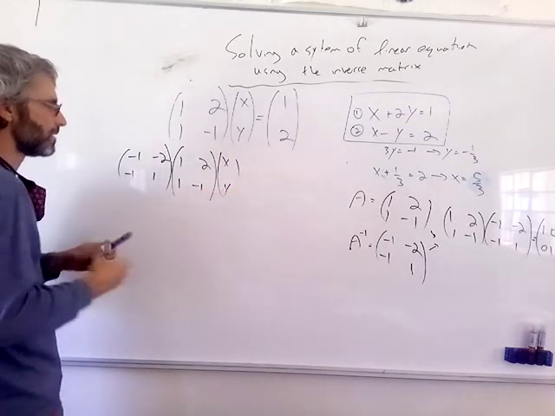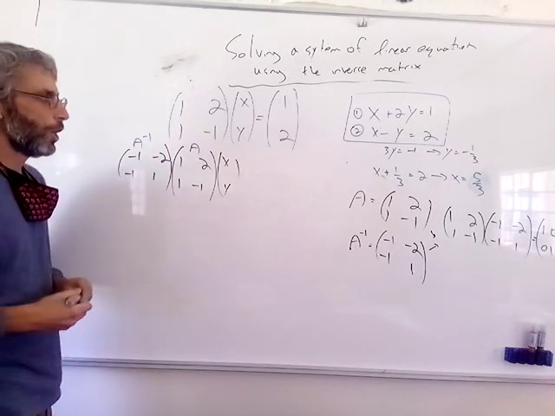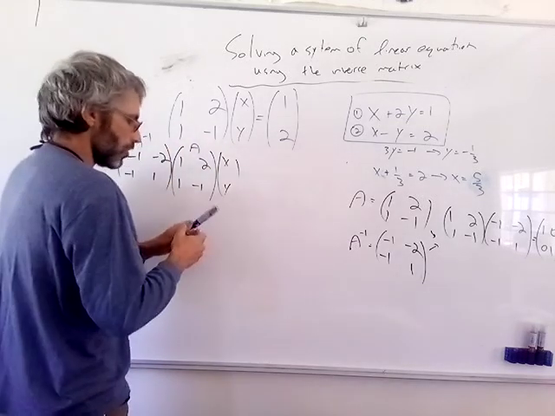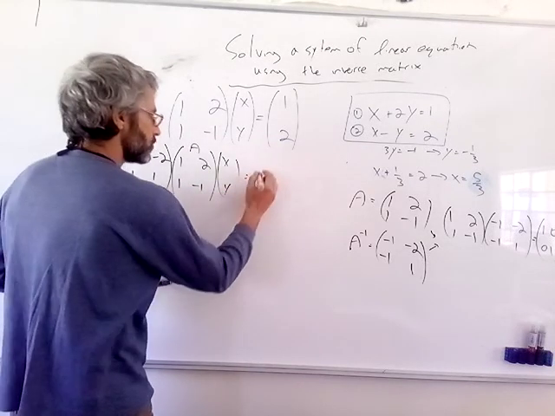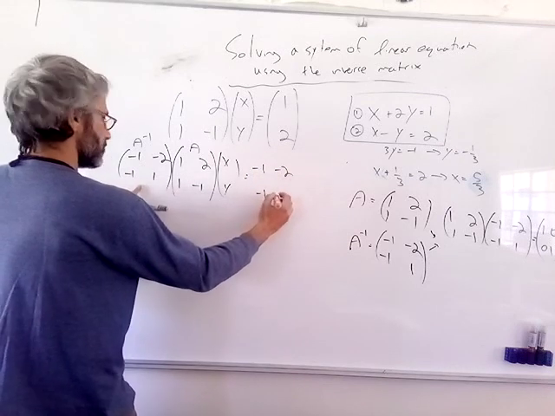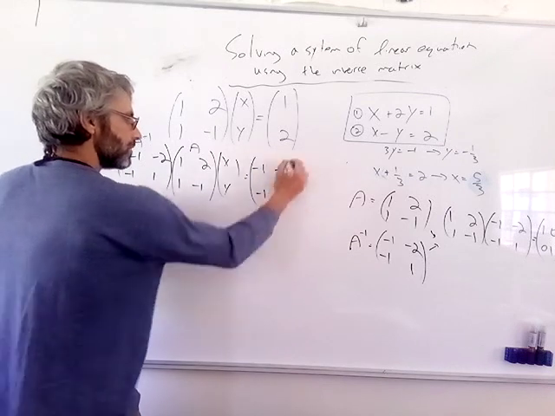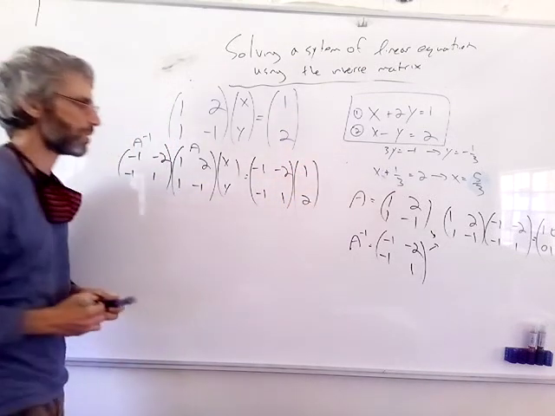That is your A, and this is A minus 1. Well, if I do that on the left side of the equation, surely I've got to do it also on the right side. So I must also multiply the vector of solution by this matrix, right?